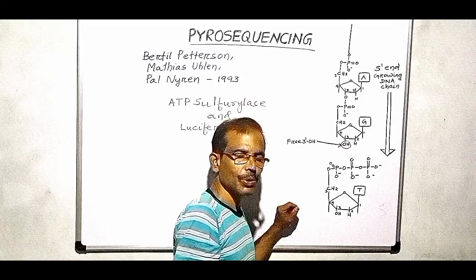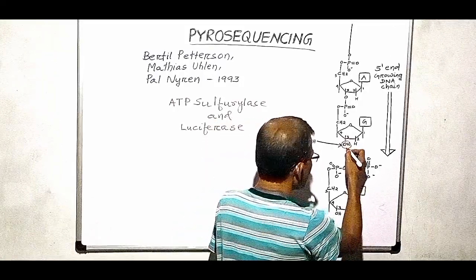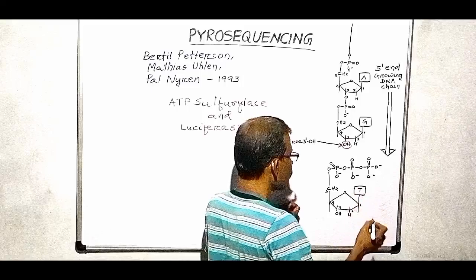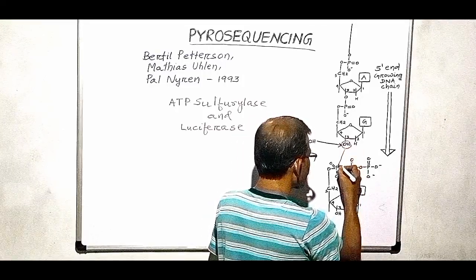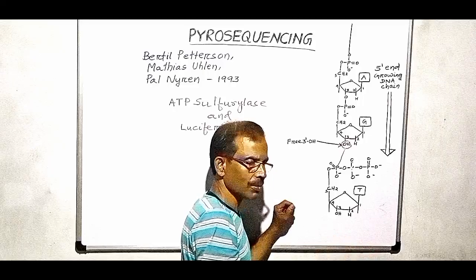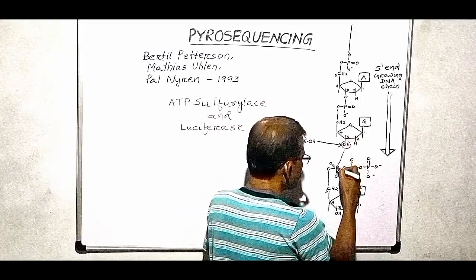During the formation of the phosphodiester bond, the 3' hydroxyl group performs a nucleophilic attack on the alpha phosphate, as a result of which a phosphodiester bond is formed between these two.